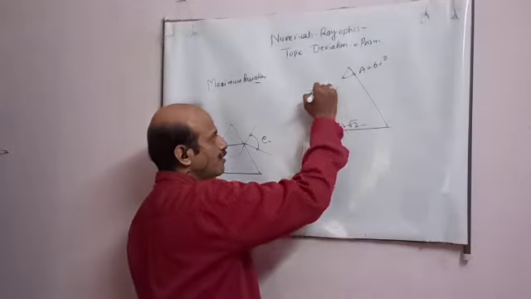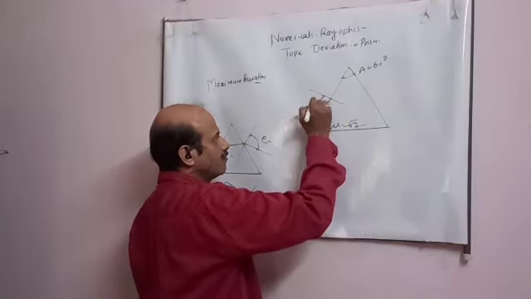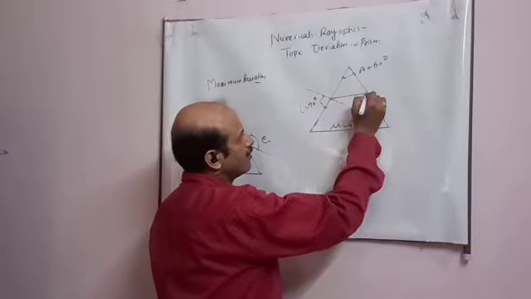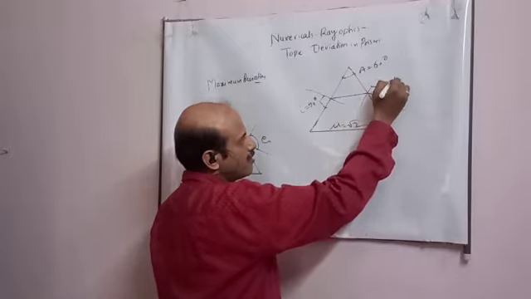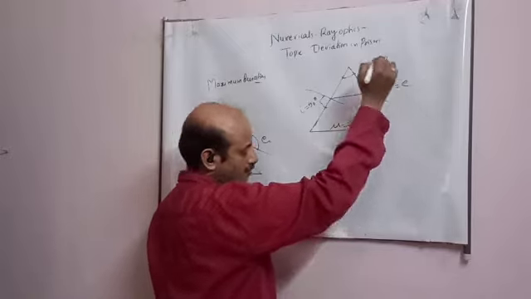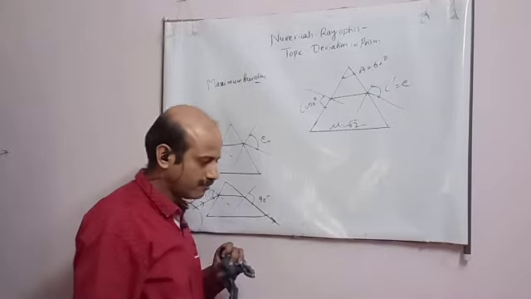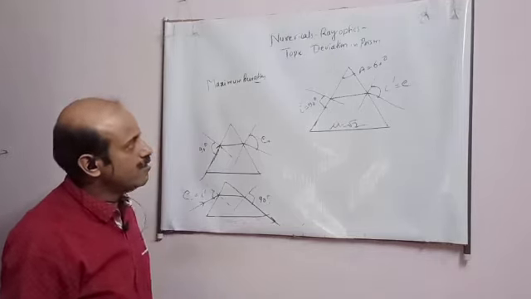Angle of incidence 90 degree. You have to find out this I dash or E. This you have to find out. Now student, how to solve it? Student, see.